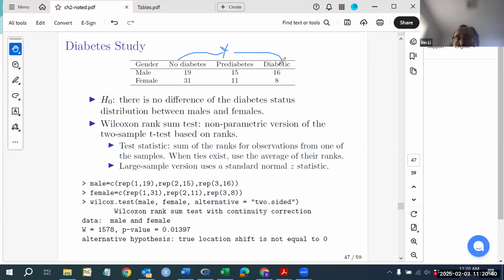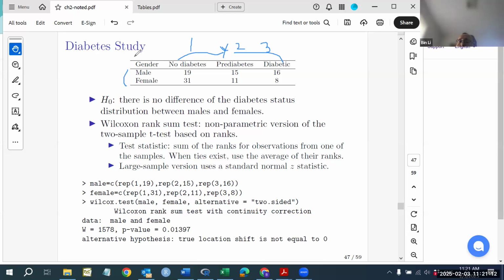It's ordinal because it's showing the diabetes status. The first group is no diabetes, the second is pre-diabetes, and the third is diabetic. So we can put them in order: rank 1, rank 2, rank 3. But the X is binary, male and female.